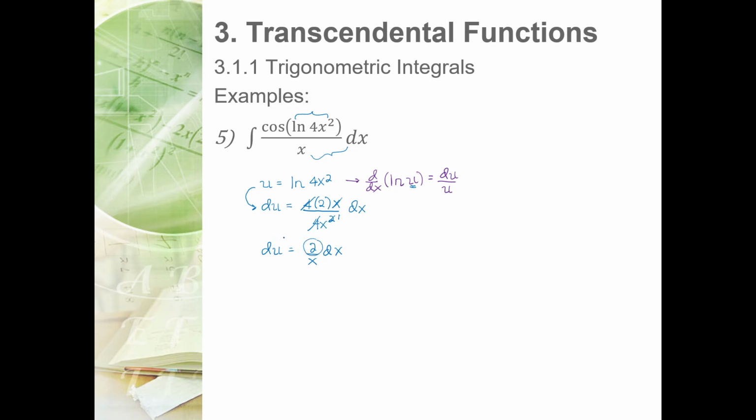So we need to isolate this one for us to achieve dx over x. Dividing everything by 2, you have du all over 2 is equivalent to dx all over x. Meaning this one becomes our u parameter, and this one becomes our du all over 2.